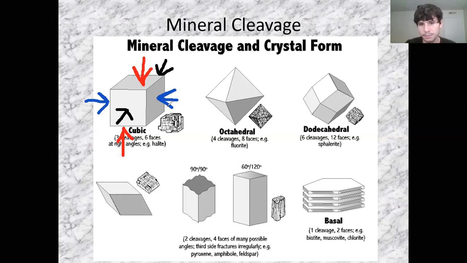I know it's kind of confusing at first, but that's how you identify cleavage planes. If a mineral has a relatively specific shape, or a specific way it breaks, that's how you identify these cleavage planes.